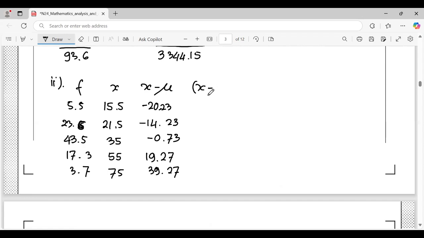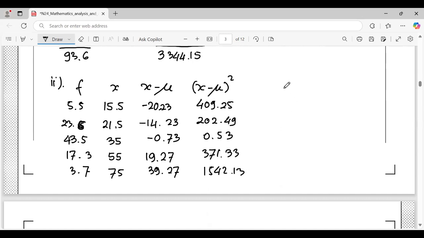After that, X minus mu squared. Minus 20.23 squared is 409.25, 202.49, 0.53, 371.33, and 1,542.13.